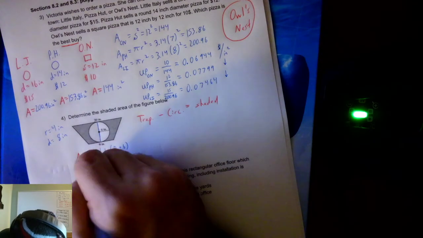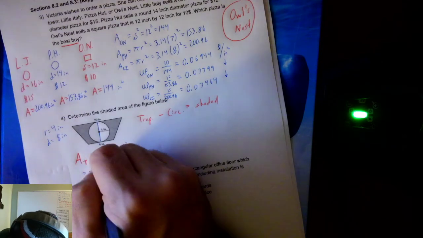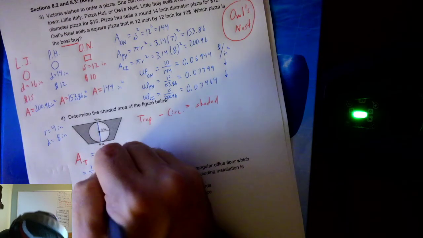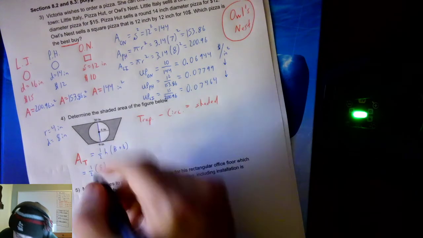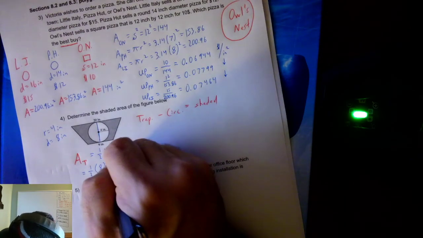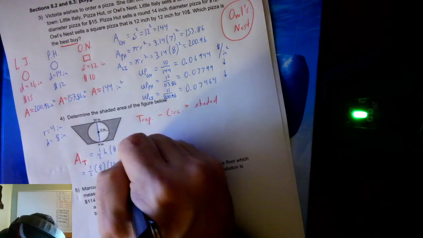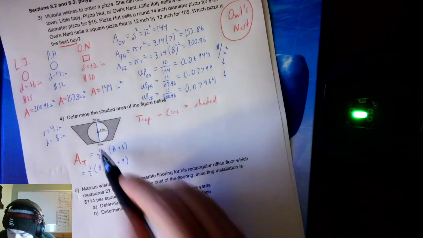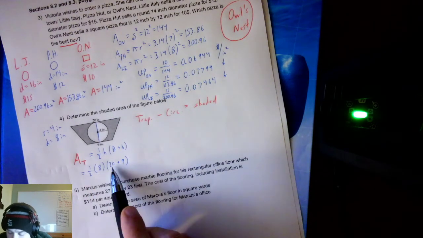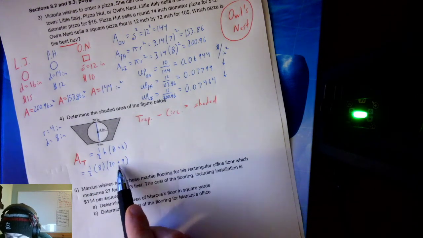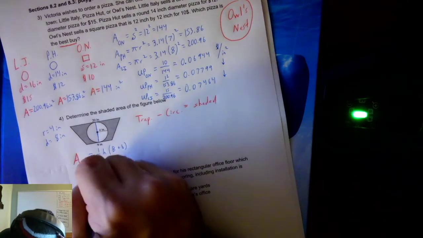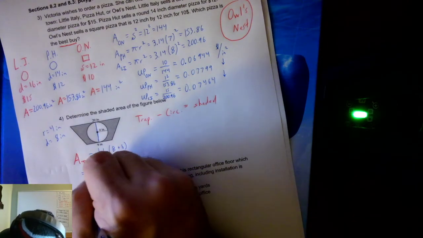So the area of my trapezoid will be 1/2. The height is 8, because it's the diameter. The big base is 20, and the little base is 9, right? 20 and 9. So I have to do the addition first. I get 20 plus 9 gives me 29, equals 1/2 of 8. I can do that right now.